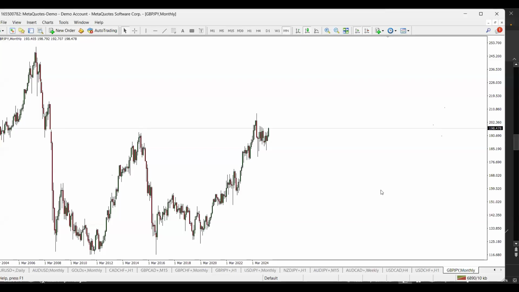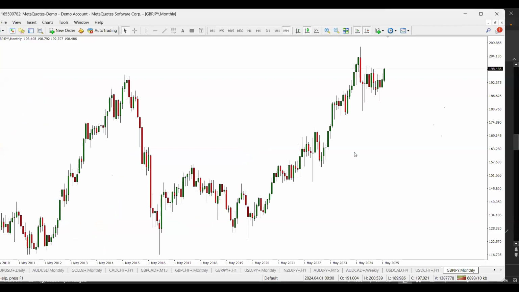This is GBP JPY on a monthly time frame. If you think you can, raise up your hand. I will unmute you and you quickly tell us what trend it is. Okay, I can see one hand raised. Greatness, quickly tell us what trend it is.